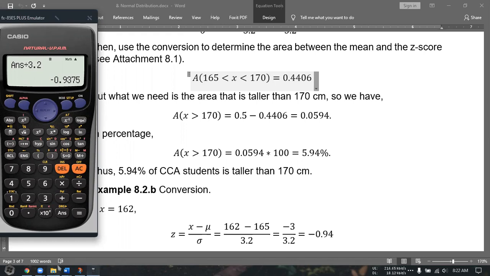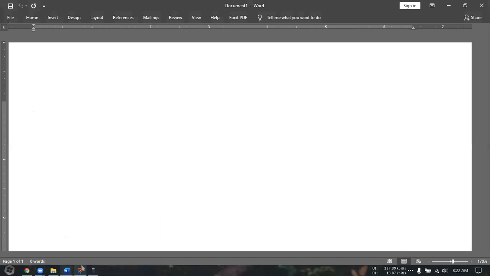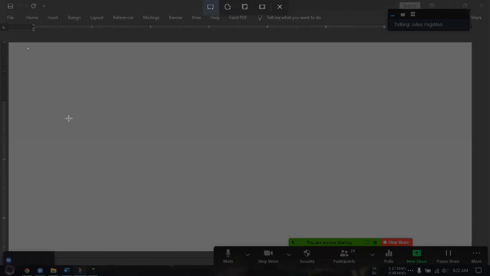Second step. Please take a screenshot of this because the illustration is not included in our module. I'll be deleting this on the count of 3. 1, 2, 3.